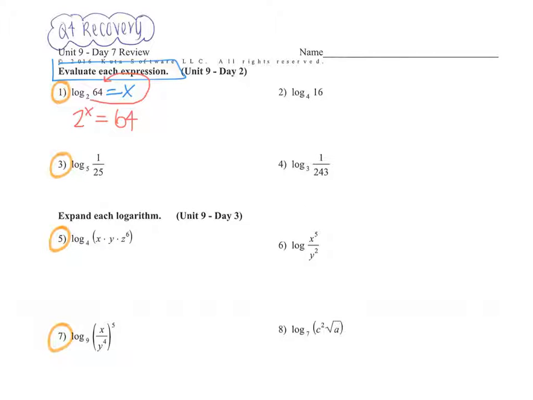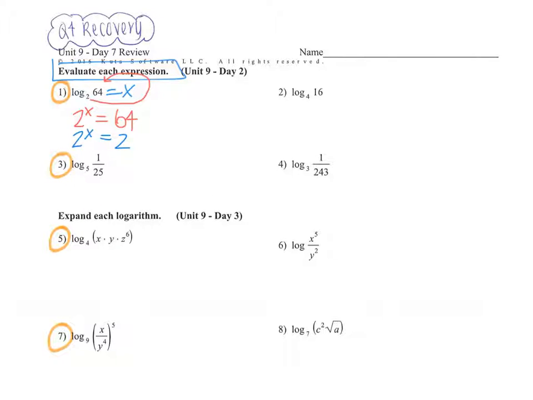From here, we use the method of common bases to help us solve this. So we keep the 2 to the x, but we want to rewrite the 64 as a base of 2. In your calculator, you're typing in 2 to the third, 2 to the fourth, 2 to the fifth, until you find what number you can raise 2 to in order to get 64. So try that in your calculator.